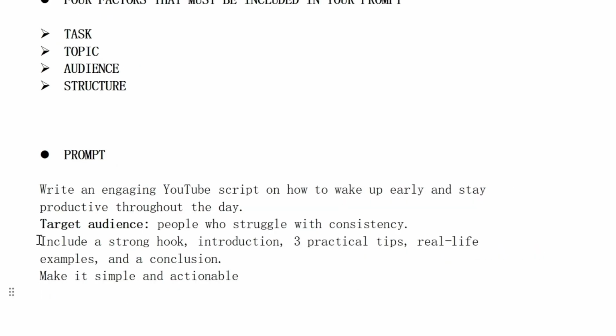So, in any prompts that you want to generate as a content creator, make sure that you follow this step. Every script must have a strong hook, introduction, practical tips, and real life example. You can change these practical tips to any number of your choice.